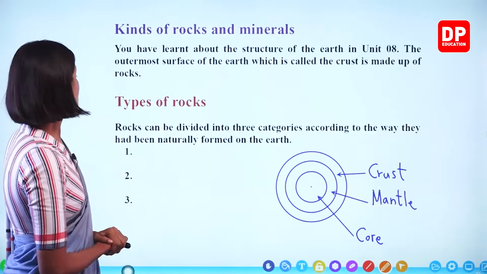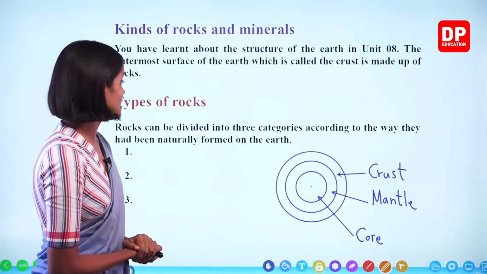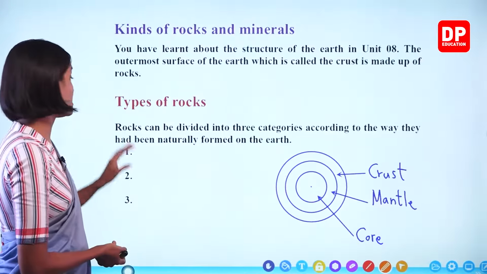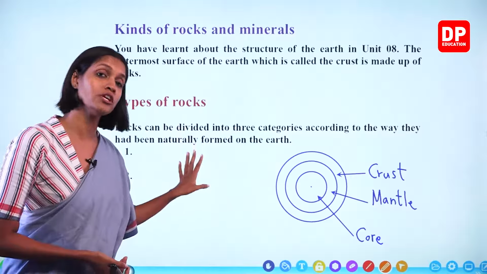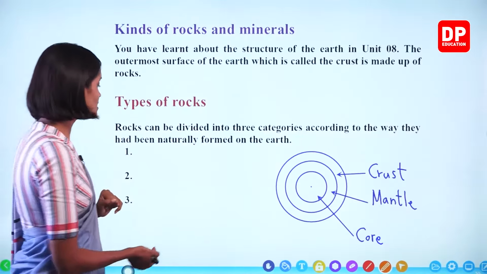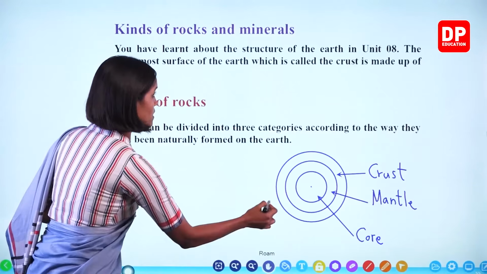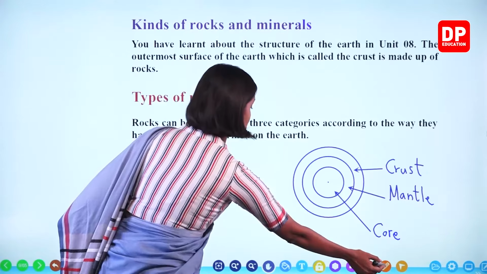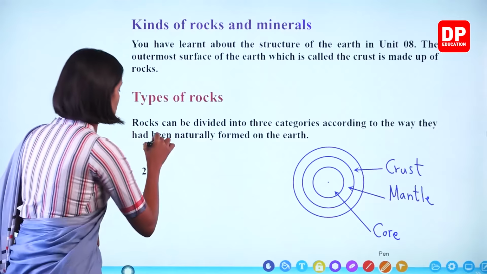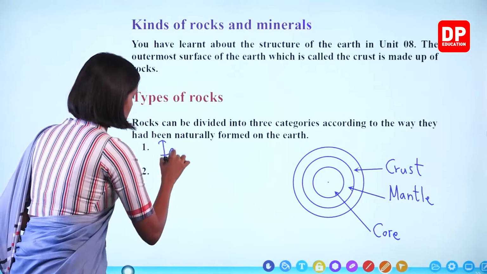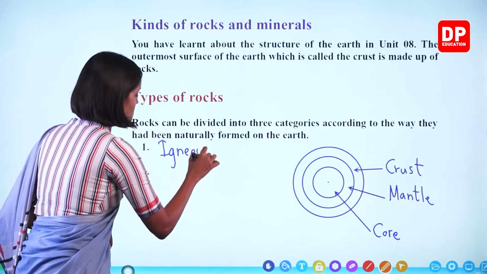Rocks can be divided into 3 categories according to the way they were naturally formed on the earth. Now we are going to learn how they form as well. The first type is known as igneous rocks.